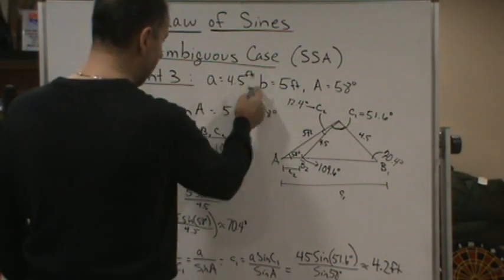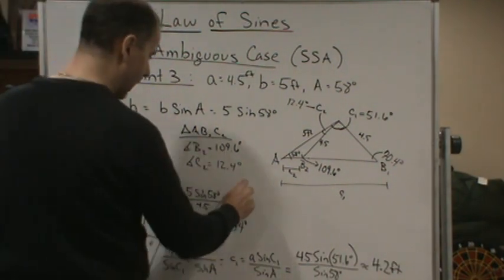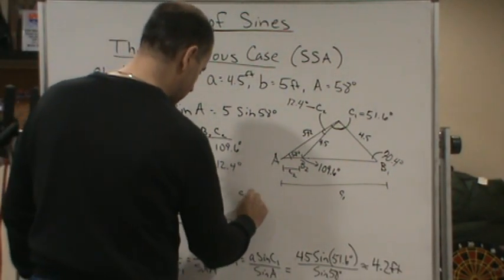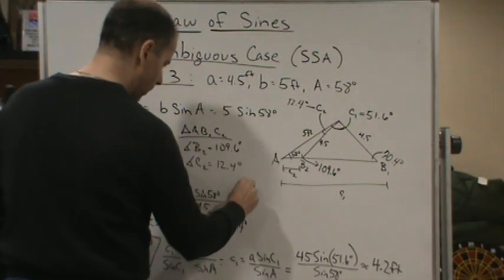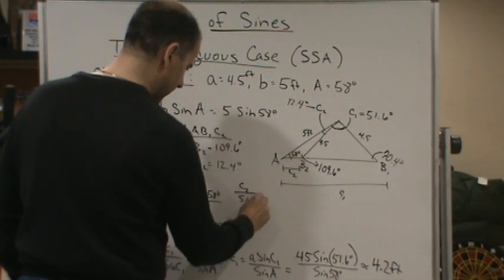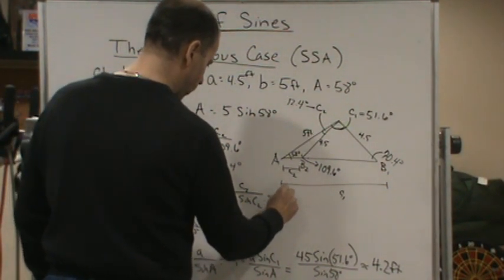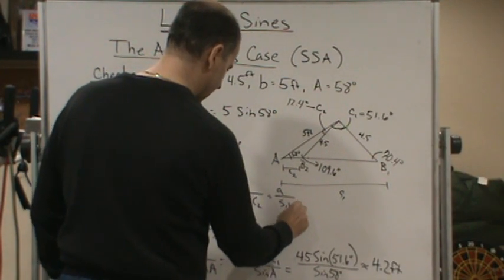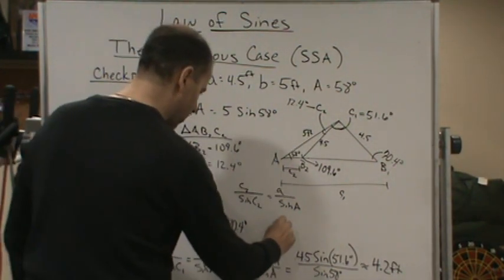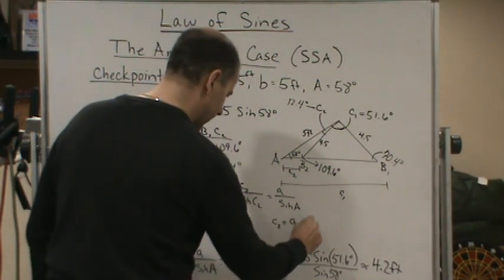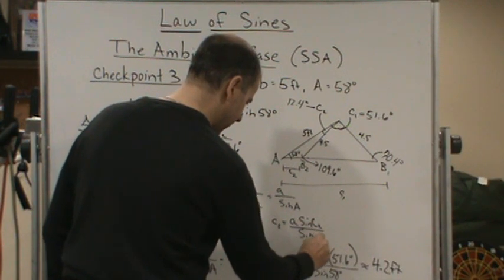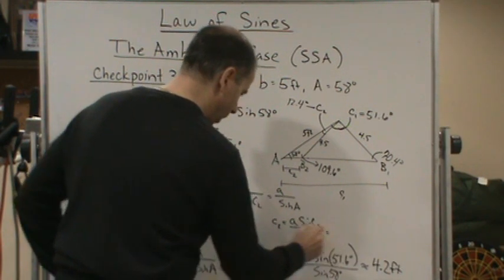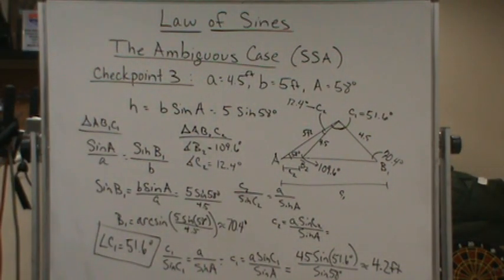Now we got A and B, we just need side C2 now. So C2, well, let's do our setup. So C2 over sine of C2 equals A over sine A. And so C2 is going to equal A times sine of C2 over sine of A. Again, let me make sure I plug in the correct numbers this time.